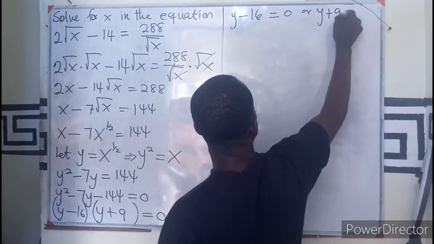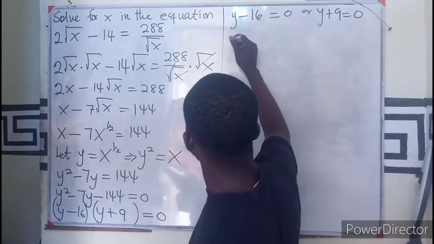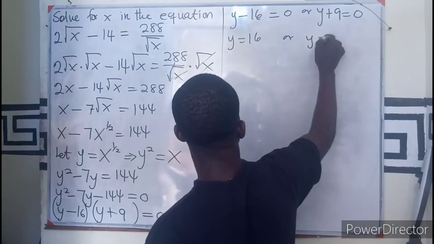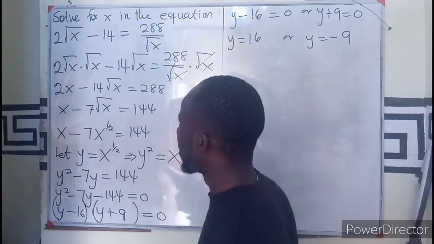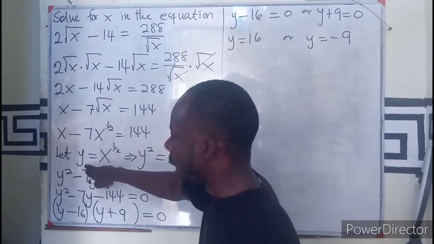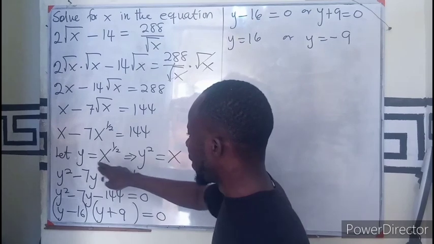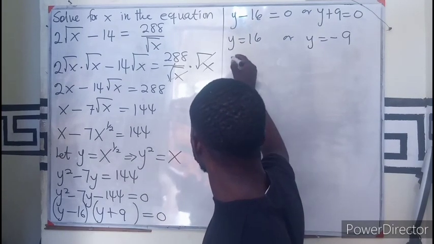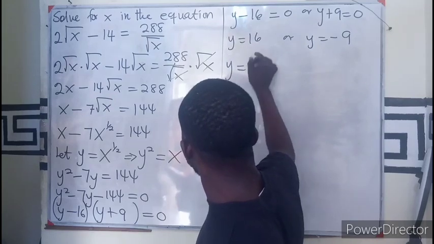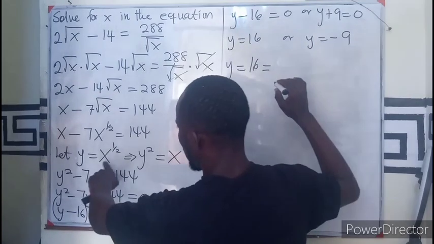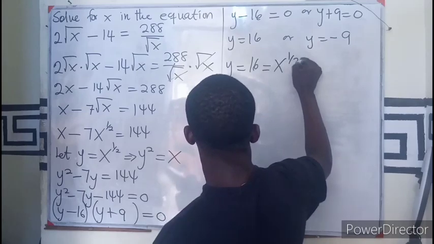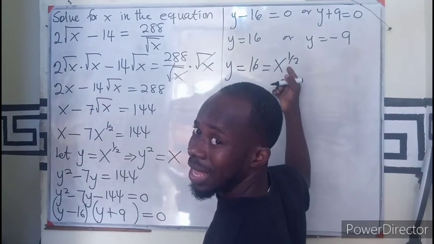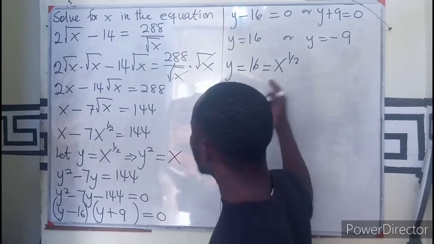y plus 9 equals 0. So y is 16 or y equals minus 9. But don't forget, in here, y is not what we are looking for. y is equal to x exponent half. So here, y equals 16 equals x exponent half, which could be a square root if I like.